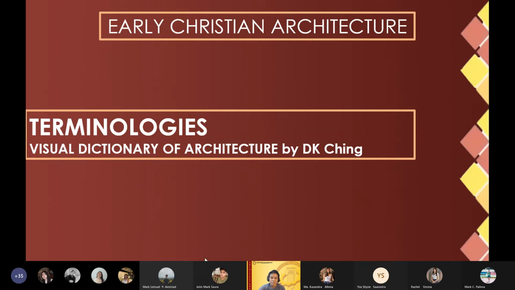Okay, so we will continue. So these are the terminologies that we used in this early Christian architecture, because this is the first, murag siya ang pinakauna nga type of architecture that introduces church. Before, all of the structures are for mostly civic buildings, no?